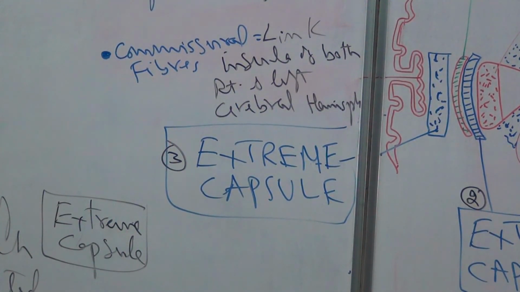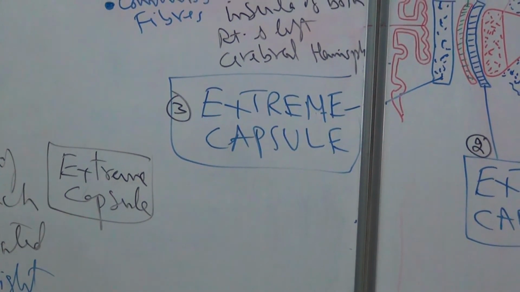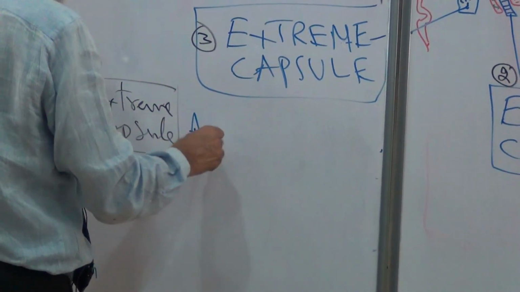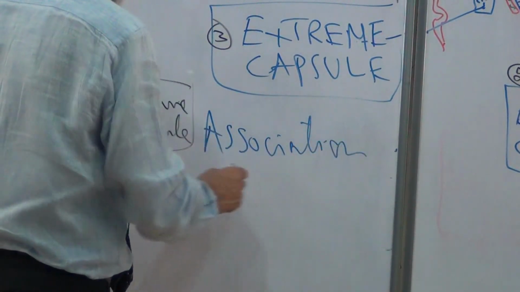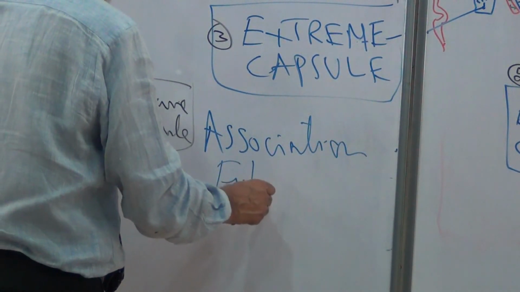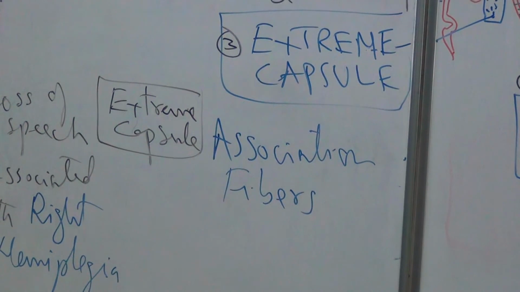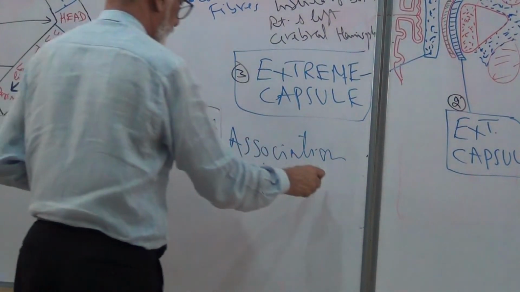It also is white matter and comprises nerve fibers. Which fibers? Association fibers. The extreme capsule comprises only association fibers. These are the association fibers of the insula.